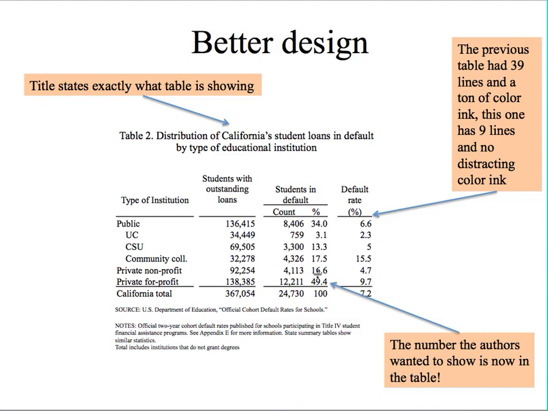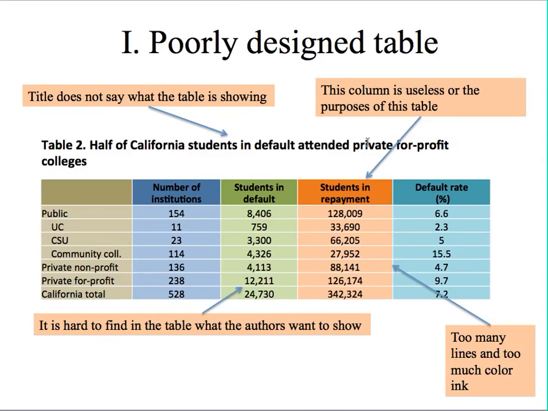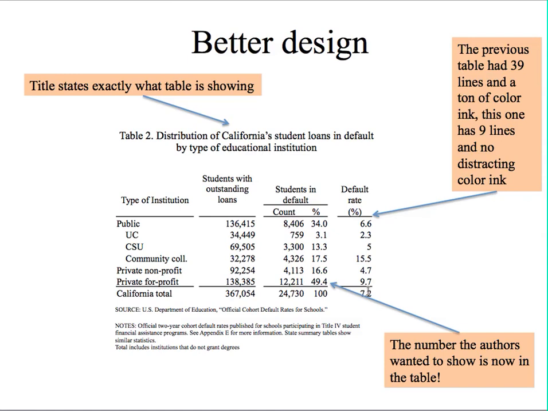And they were making a big deal about that 50% in the text as well, but you couldn't find it in the table unless you calculated it yourself. Now we have the default rate, right? Now the number that we wanted to show, or let's say we were the authors, is in the table. Now, a lot of ink is gone and a lot of lines are gone.